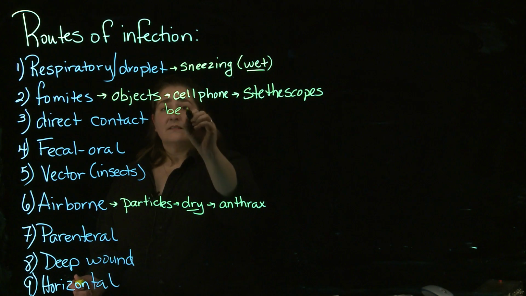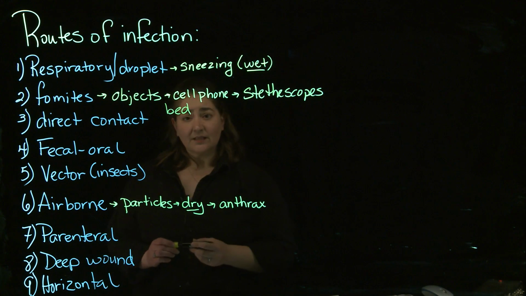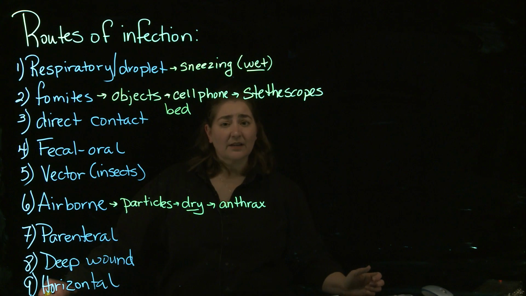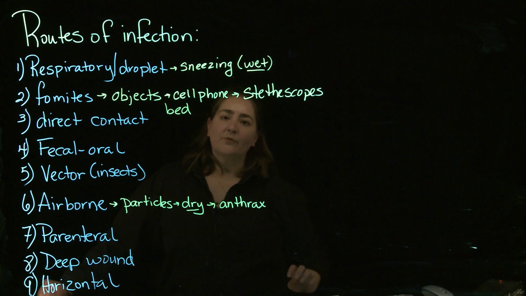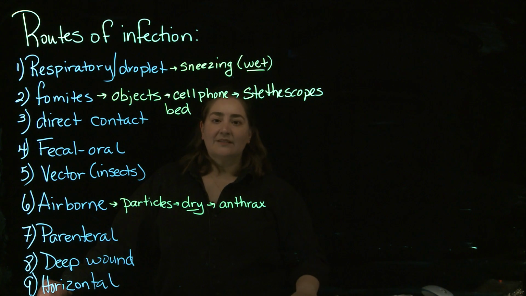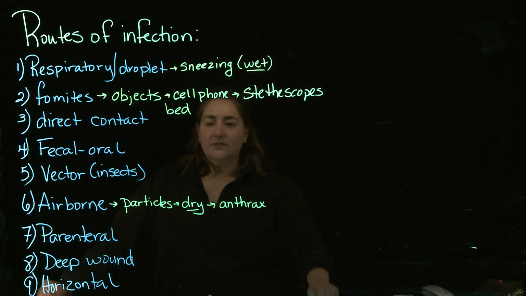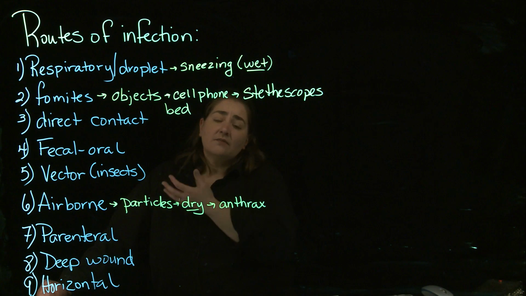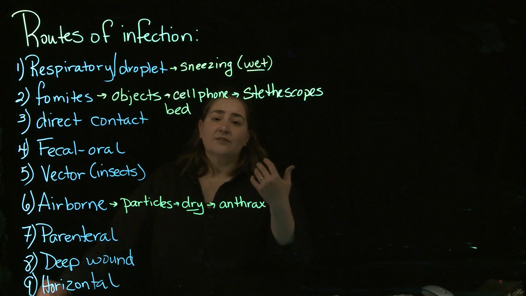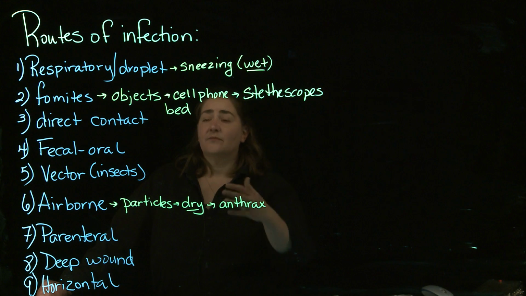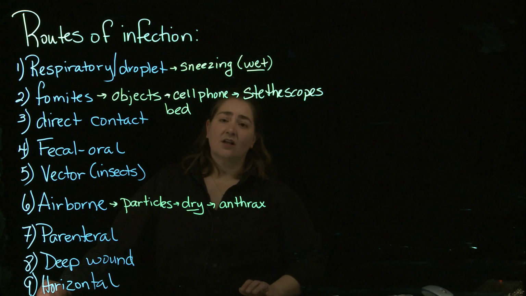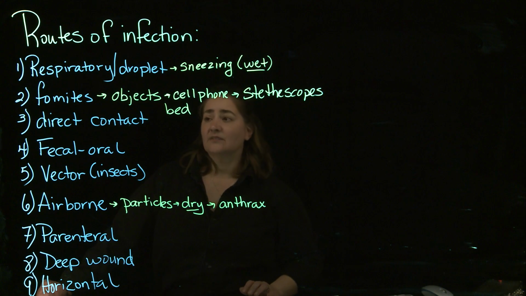The bed that the patient is in can be a fomite if it's not cleaned correctly. We're talking about a fomite being a solid object, all right? Fomite might also be the desk that's sitting in front of you. You sneeze, you rub your nose, you put your hand down. Next person who sits down at your desk puts their hand down, rubs their nose. They've transferred potentially that flu virus that you have to them, okay? So we're talking about needing a solid object there, all right?